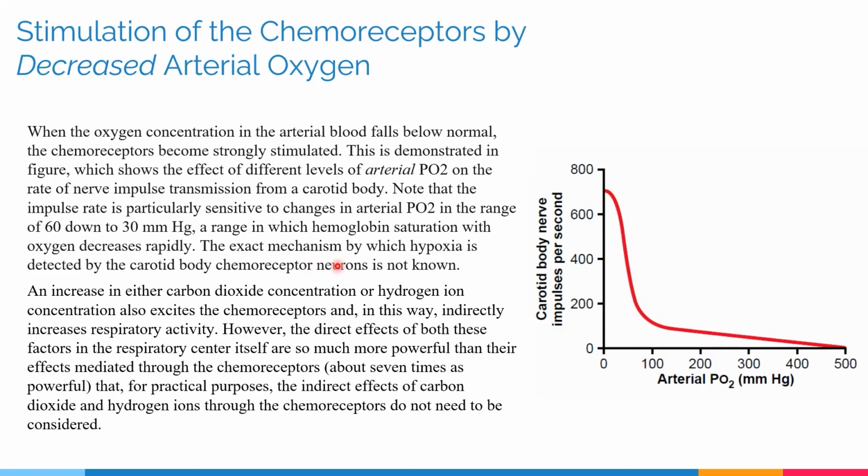The exact mechanism by which hypoxia, which is the event in which oxygen concentration decreases in our blood, is detected by the carotid body chemoreceptor neurons is not known. But there have been speculations regarding how the carotid bodies sense the decrease in oxygen concentration.